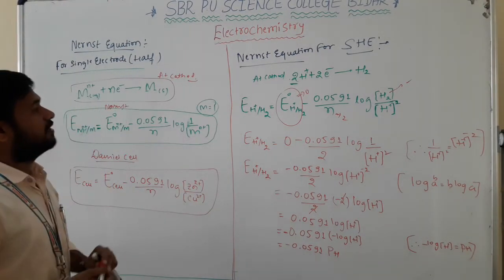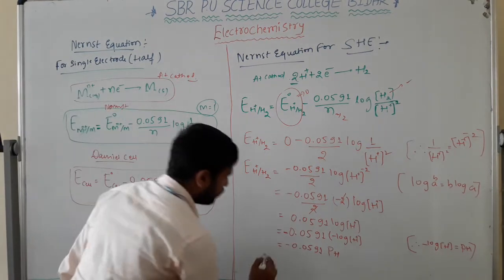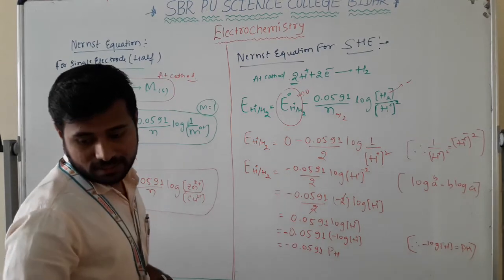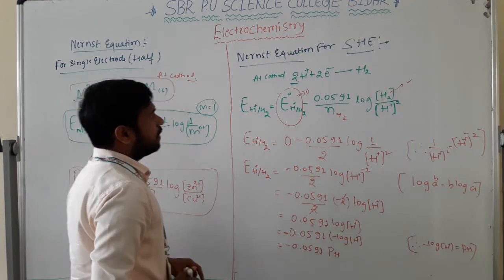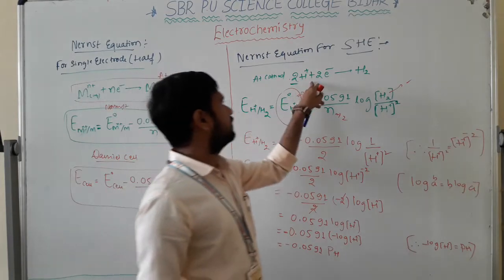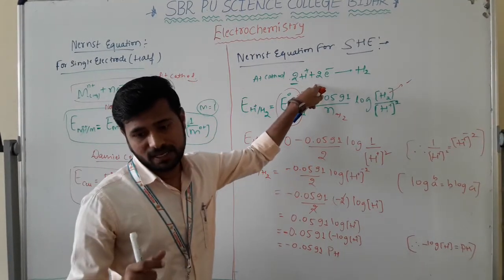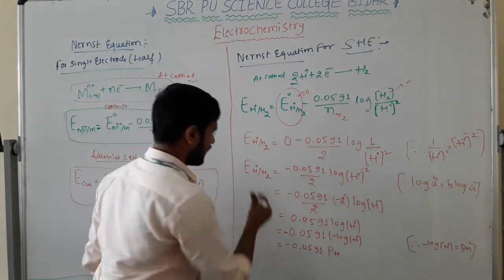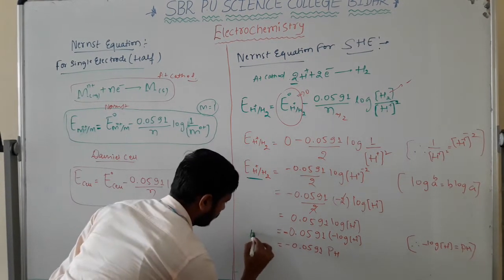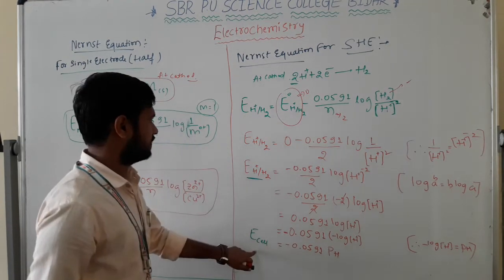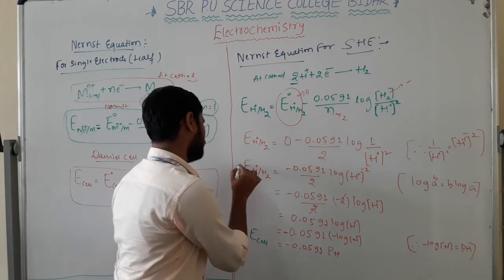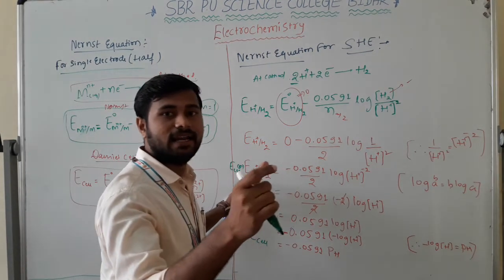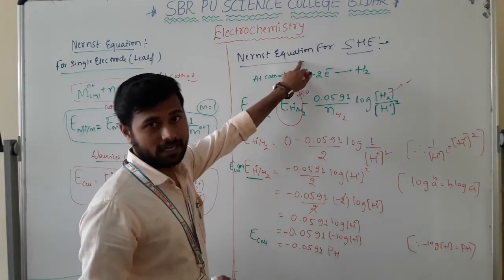This is the final expression I can write for the Nernst equation for the SHE. What we have done is apply the first reaction, a cathodic reaction. This is commonly E of H plus, nothing but E cell, because we are finding the cell potential of the standard hydrogen electrode, nothing but SHE.